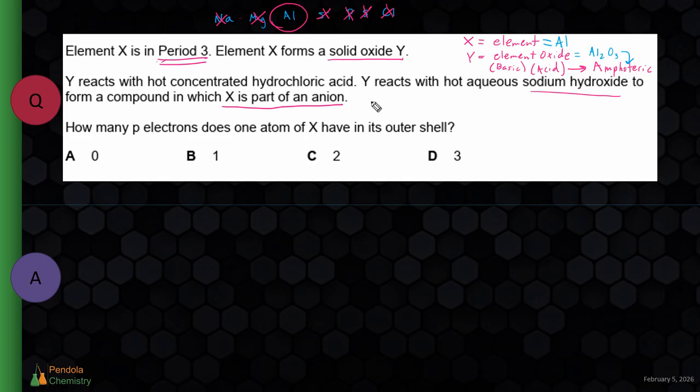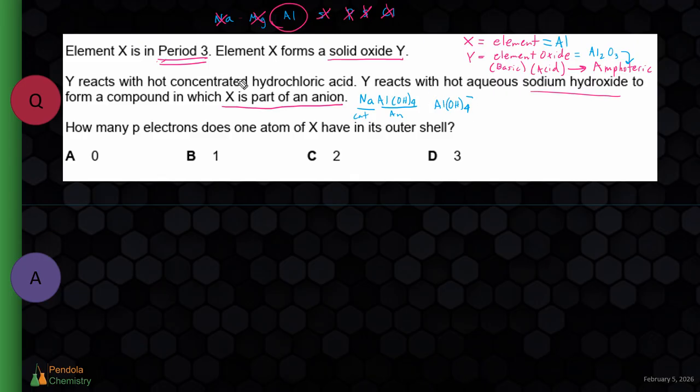If you remember the reaction, when Y, or when aluminum oxide reacts with sodium hydroxide, it creates NaAl(OH)4. In this compound, sodium is the cation and Al(OH)4 is the anion, which is Al(OH)4 minus, the anion we saw when we were studying this reaction.